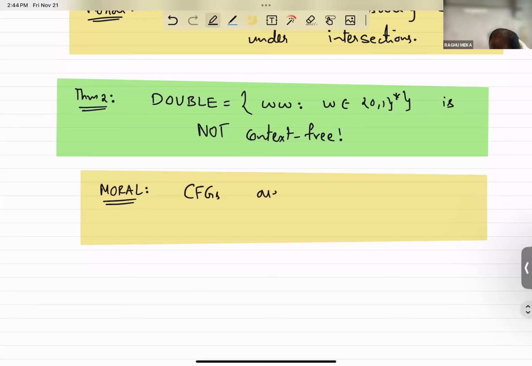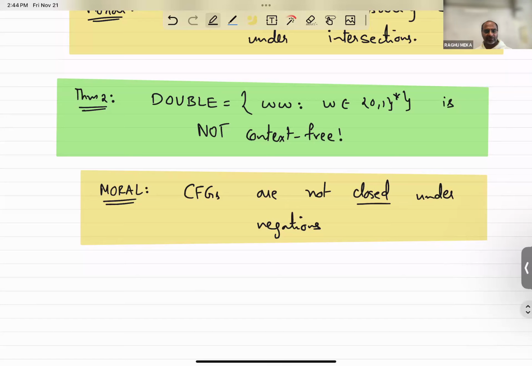CFGs are not closed under negations. There are functions which are computable by context-free grammars, but their negation is not computable by a context-free grammar.